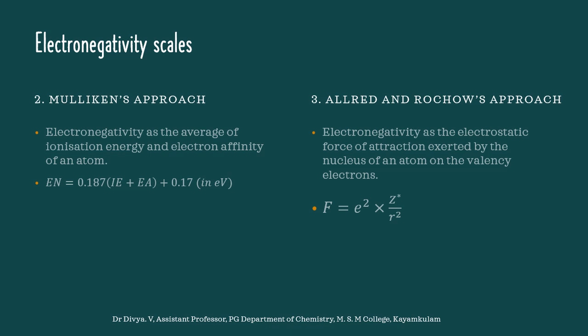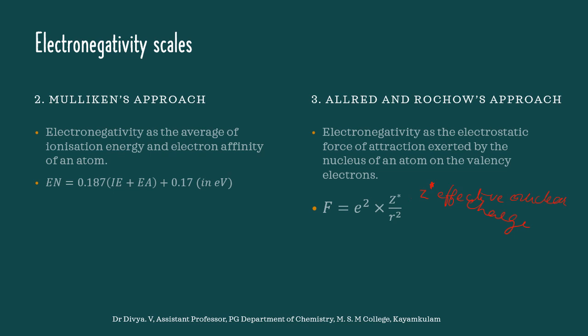Here Z star represents the effective nuclear charge. And R is the covalent radius of the atom. Okay, and E is the charge of an electron.